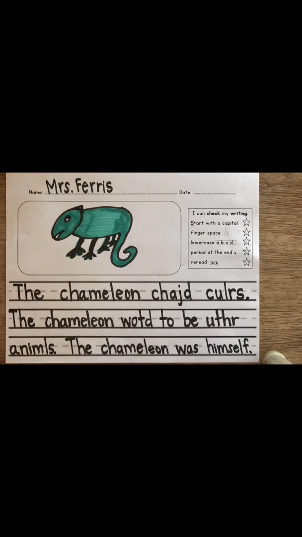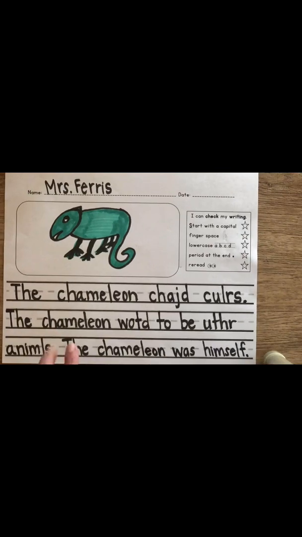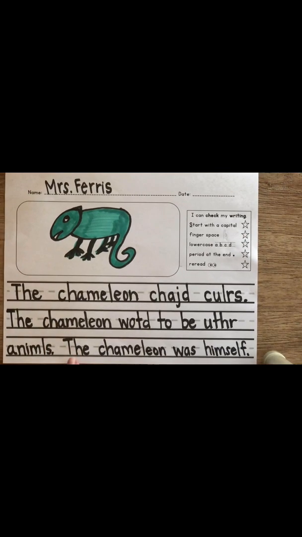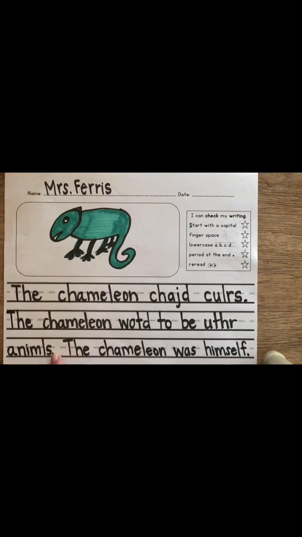So boys and girls, you're going to need to sound out the words. You're going to have to say the word out loud a few different times when you're writing today. And then don't forget, you need a period at the end. I'm going to do my finger spaces, and remember that I need a capital letter right here because I had just done a period.